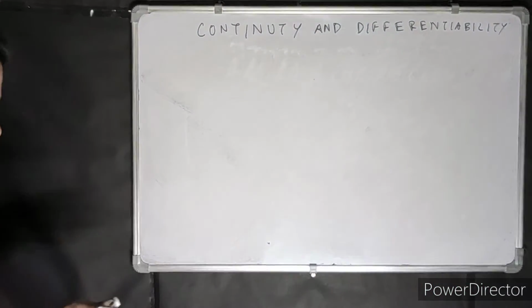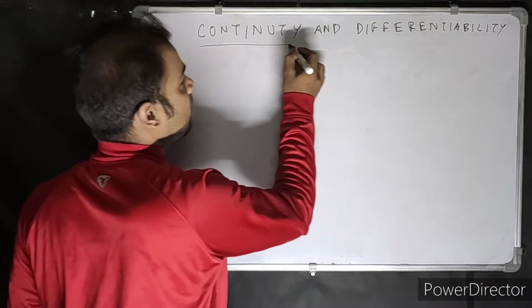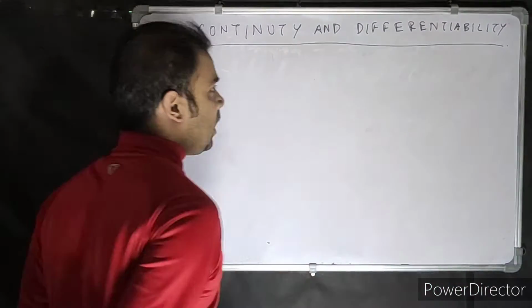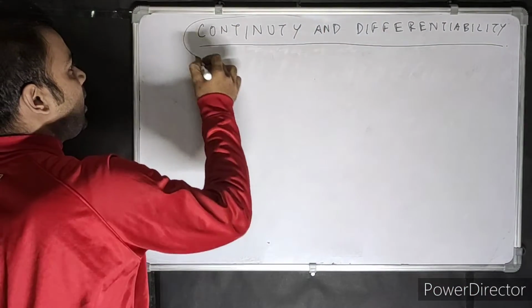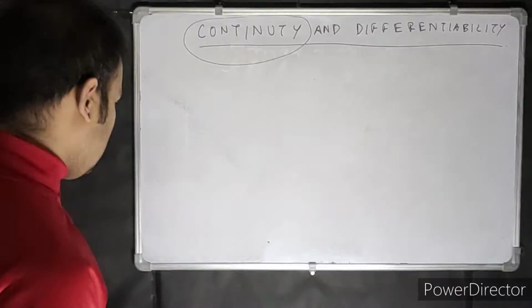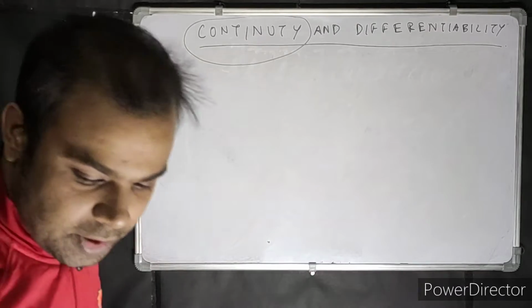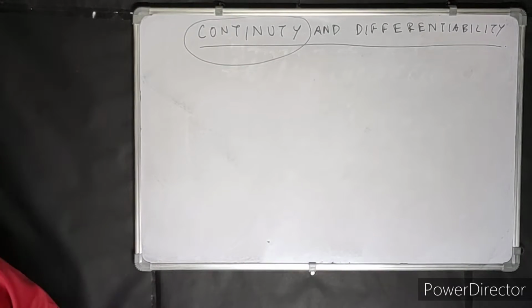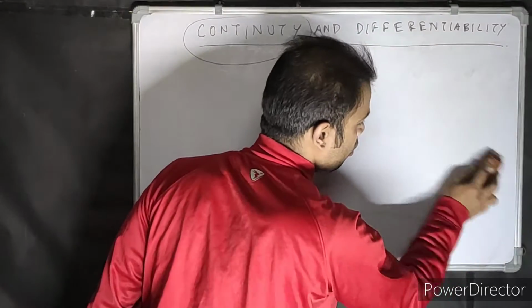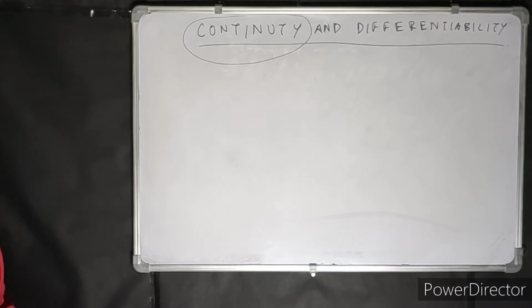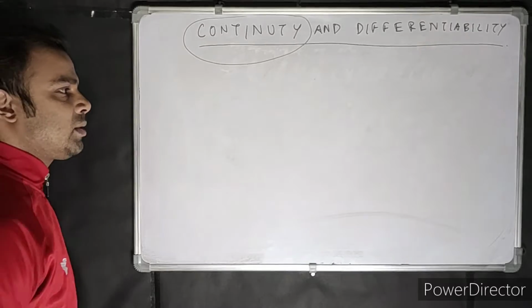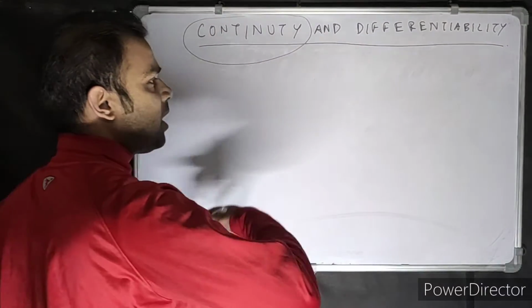Okay, continuity and differentiability. First of all, we'll learn about continuity, and then later on in the videos we'll talk about differentiability. Now, what is continuity? You don't need to learn the definition, but you should know what continuity is. Normally you speak of something that is continuous.